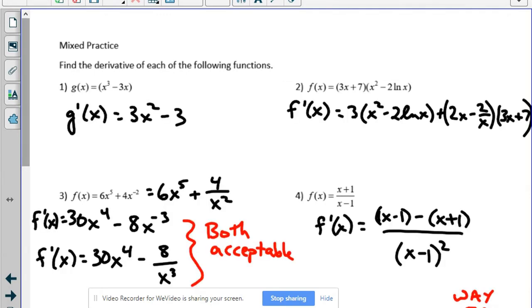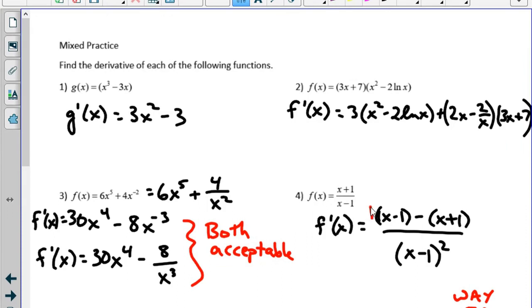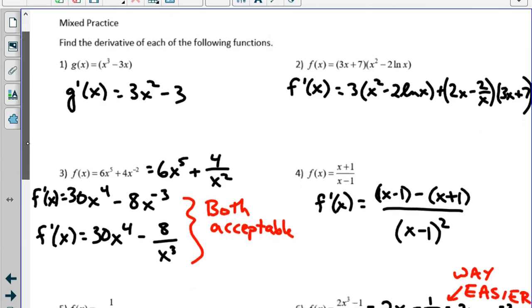Check your answers now. 1, 2, 3, and 4 are up. One thing to notice on number 4 is I did not write the derivative of the numerator or the denominator in these spots, but they're both 1. So I could have written the derivatives in, but I did not write them in that particular case.